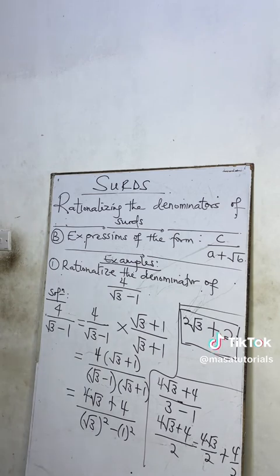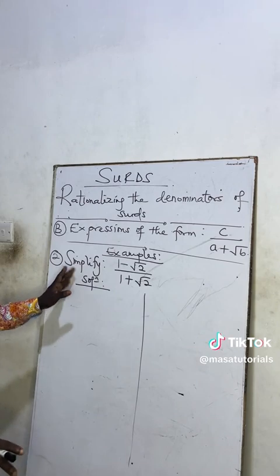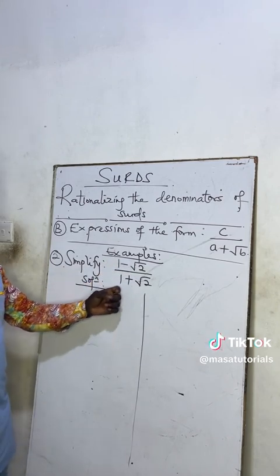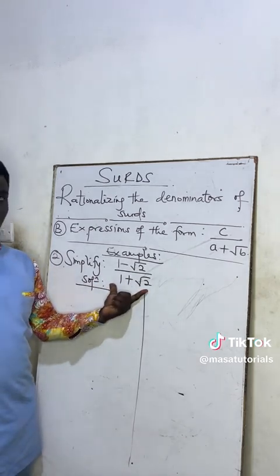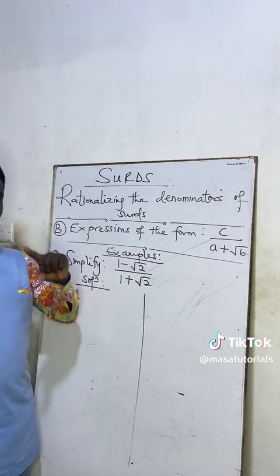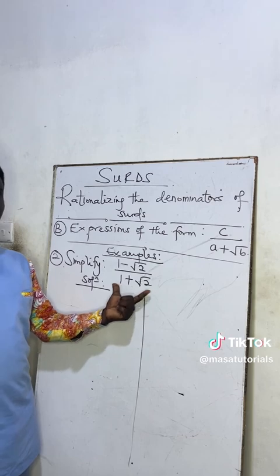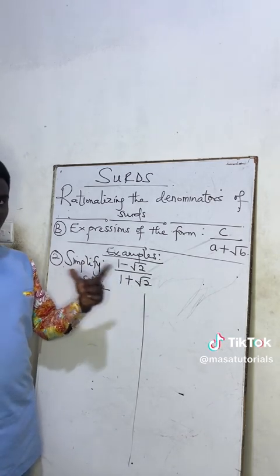All right, let's see this one. Simplify 1 minus square root of 2 all over 1 plus square root of 2. We want to simplify this expression. Don't forget, we have a surd at the numerator and a surd at the denominator, but our main focus is at the denominator.